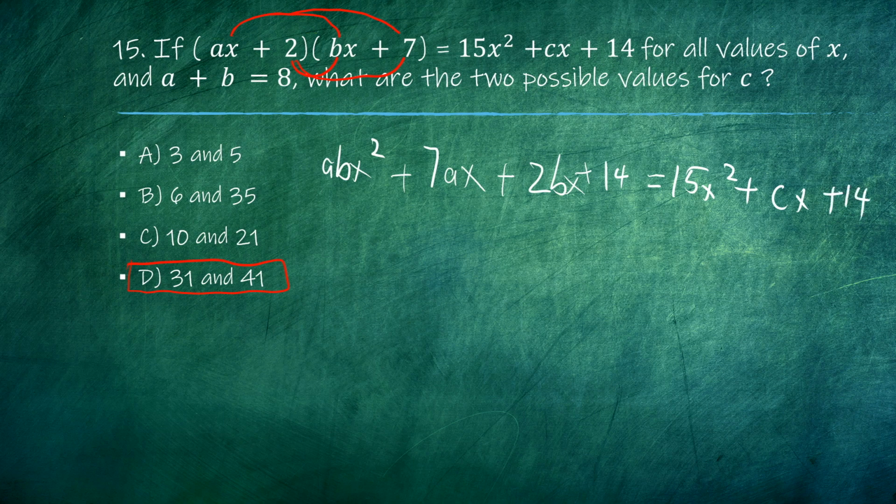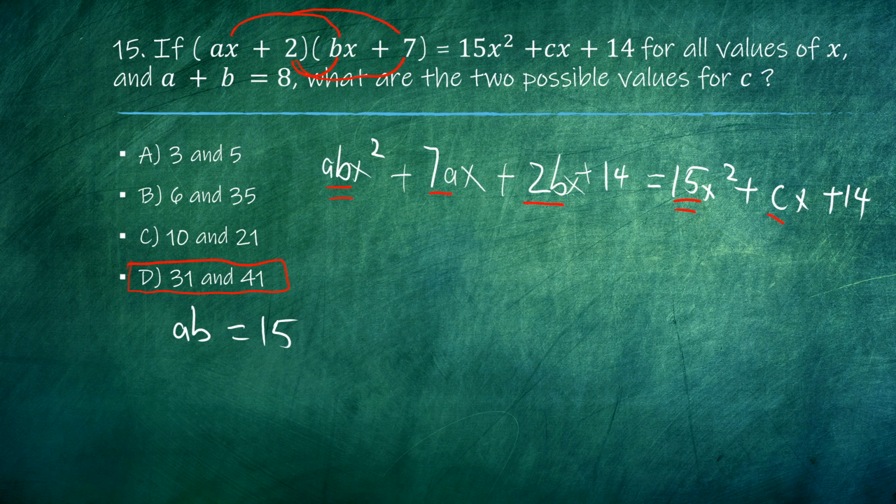And now we know two things. So first, we know this coefficient in front of the x squared has to be the same because there's only one term of x squared. So we have this new equation, ab is equal to 15. And secondly, we know that the coefficient of x has to be equal as well.